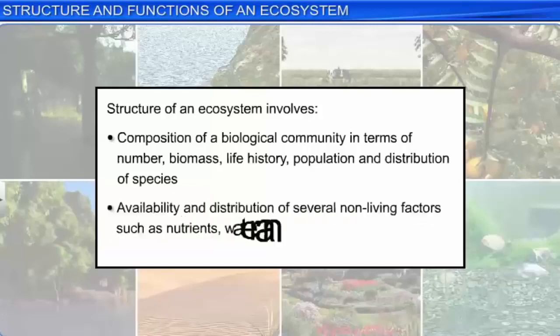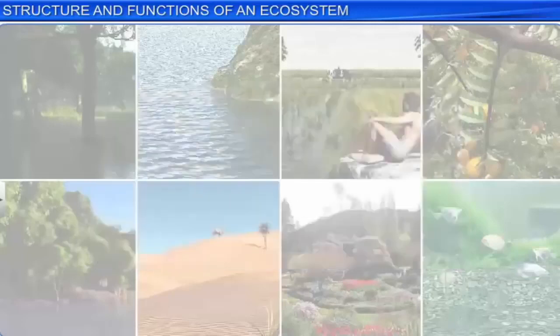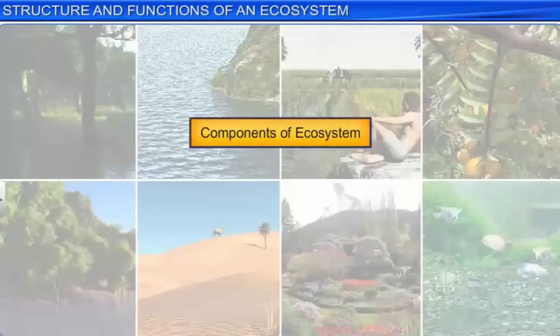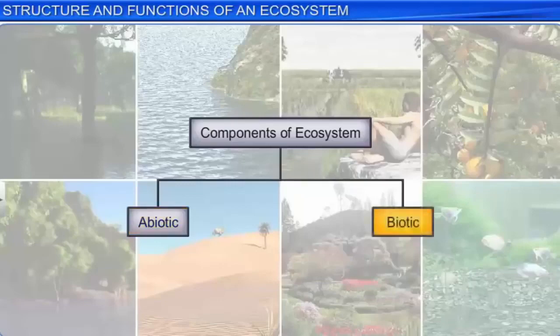The structure of an ecosystem also involves the availability and distribution of several non-living factors such as nutrients, water, and climatic and physical conditions. In other words, the two major components in any ecosystem are abiotic or non-living components and biotic or living components.